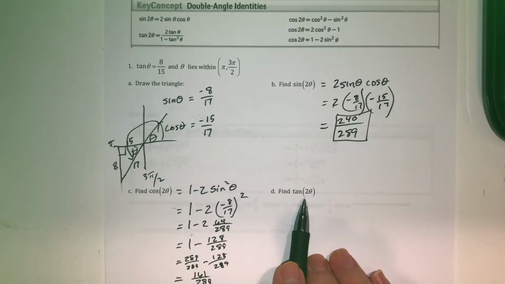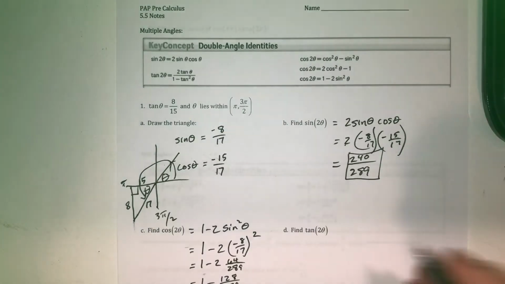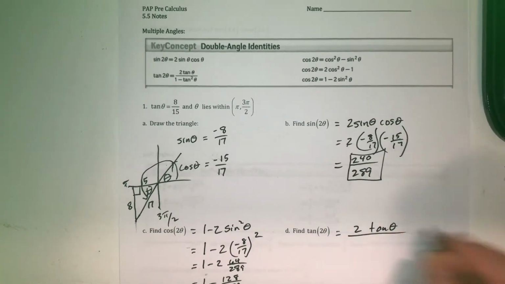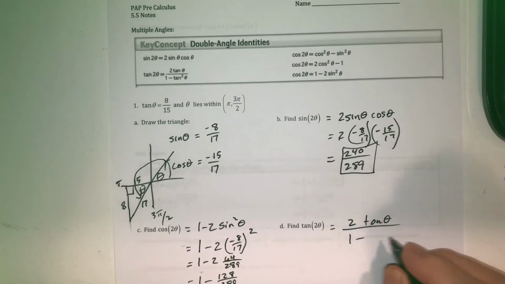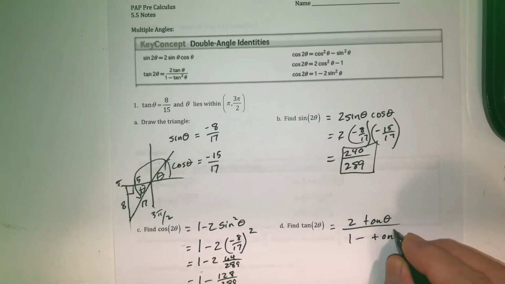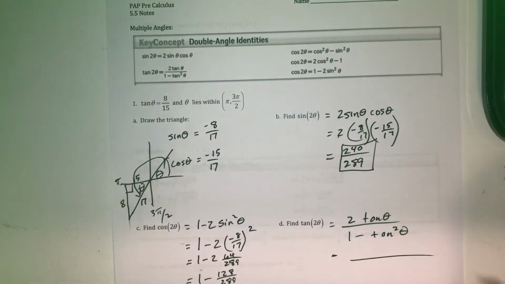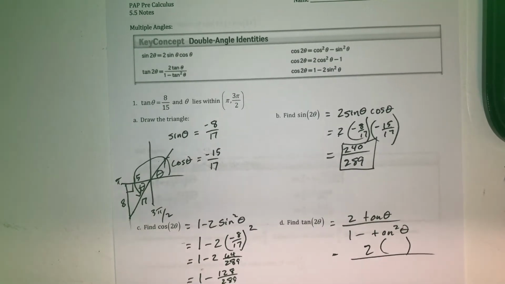All right, the tangent of 2 theta is 2 times the tangent of theta divided by 1 minus the tangent squared of theta. That's the identity. Okay, all right, so we're going to use that identity, and we'll do 2 times the tangent.